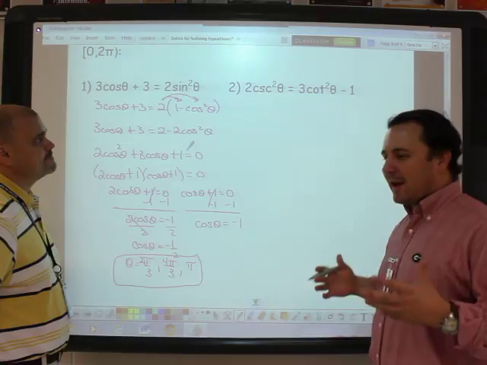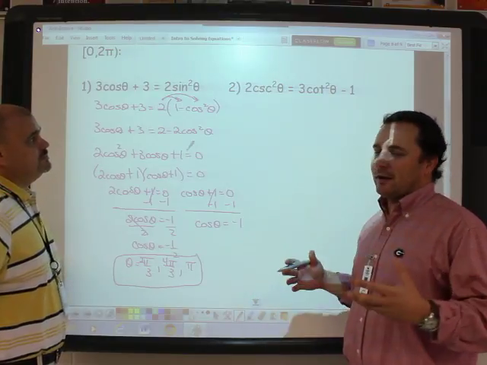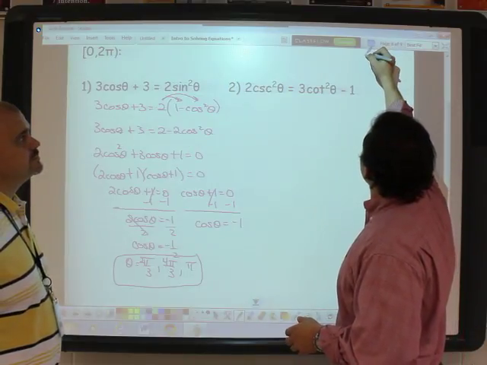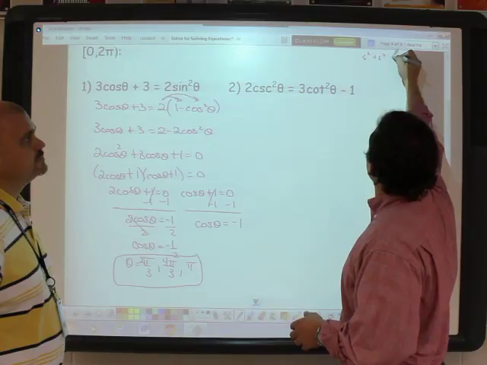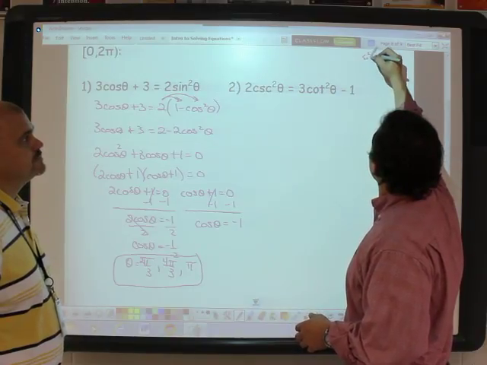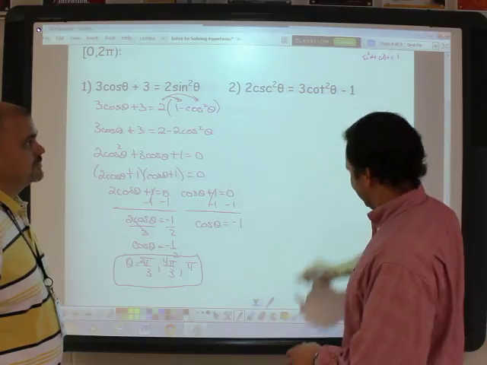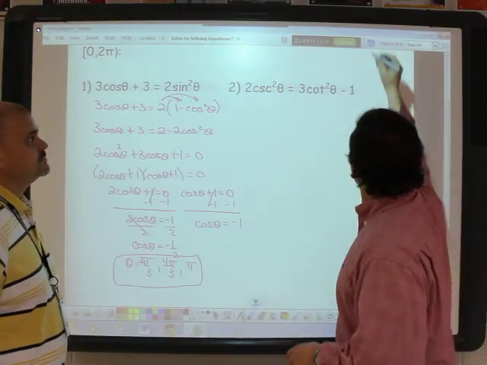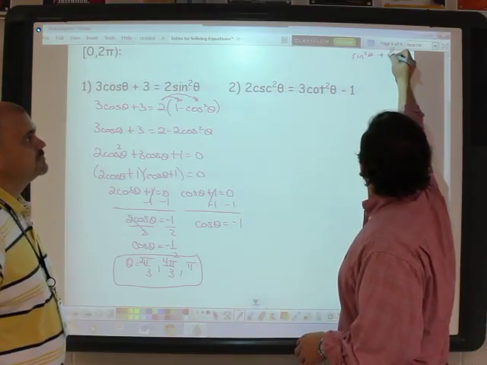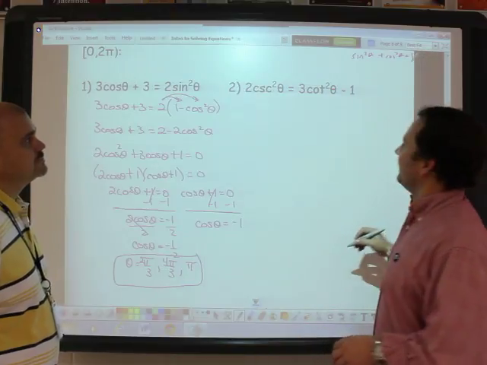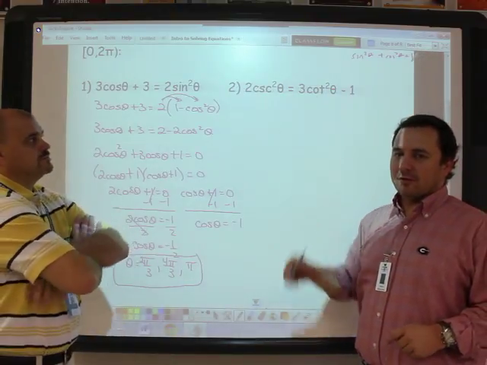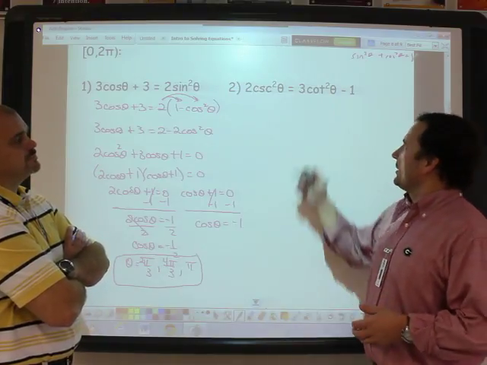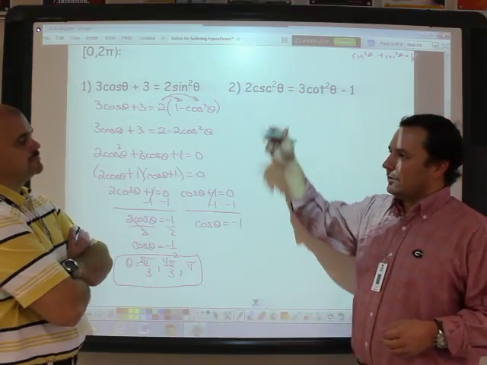Now if you don't actually have these Pythagorean identities memorized, you can quickly derive them. If I've got sine squared plus cosine squared is 1, and I want a cotangent or a cosecant, I'm thinking it would be easier to get cotangent in terms of cosecant.